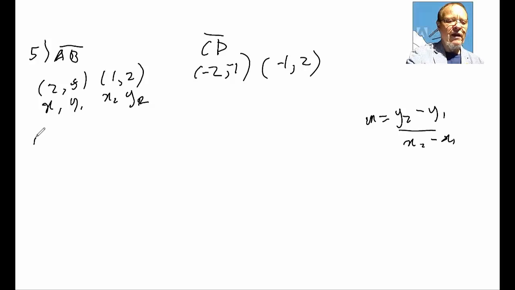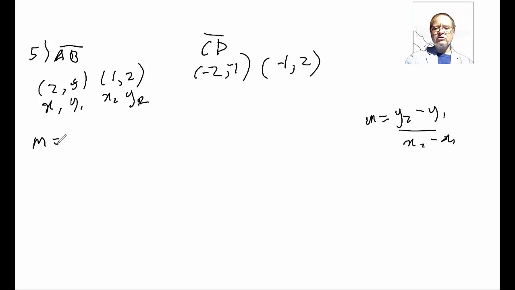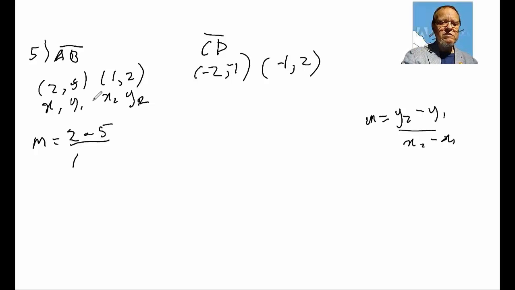So m is equal to y2, which is 2, minus y1, which is 5, and for the bottom I have x2 is 1, minus x1 which is 2.